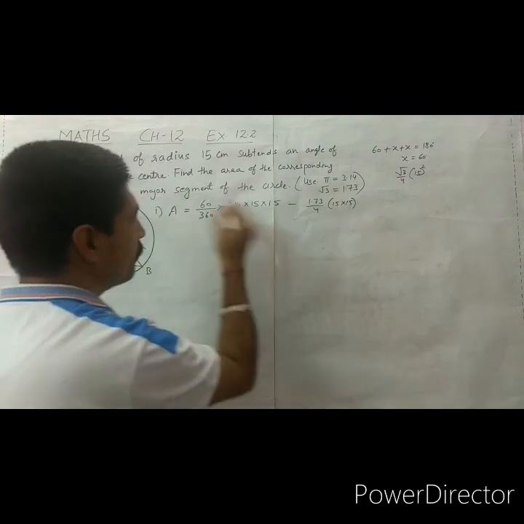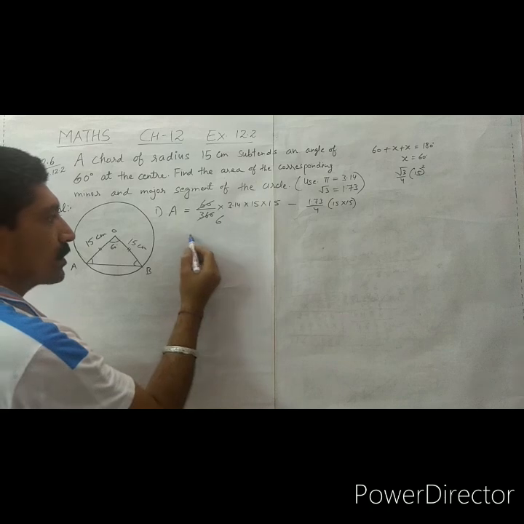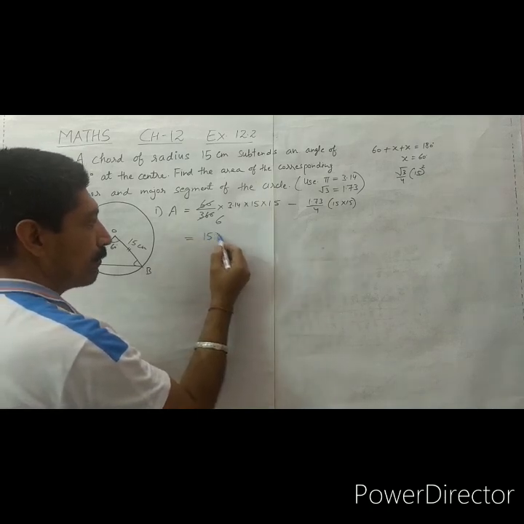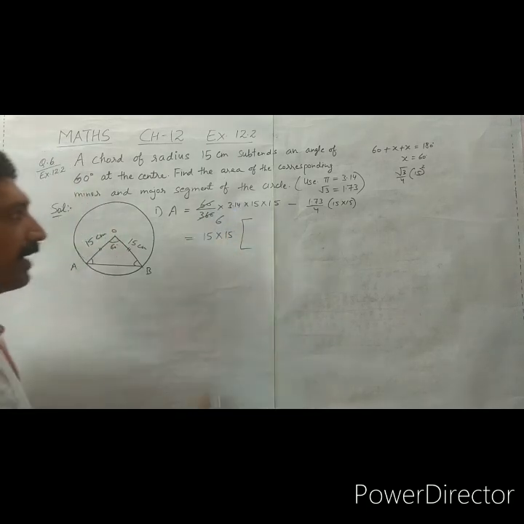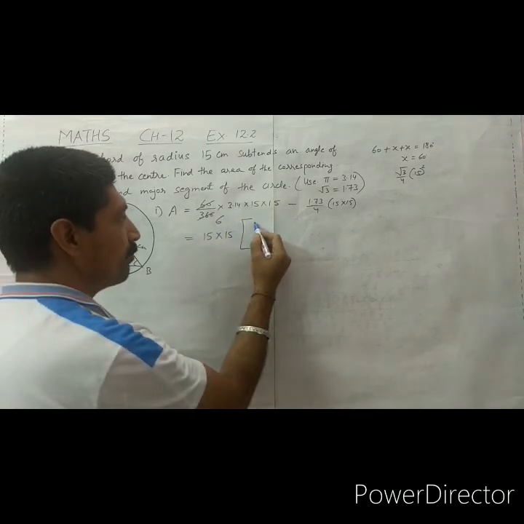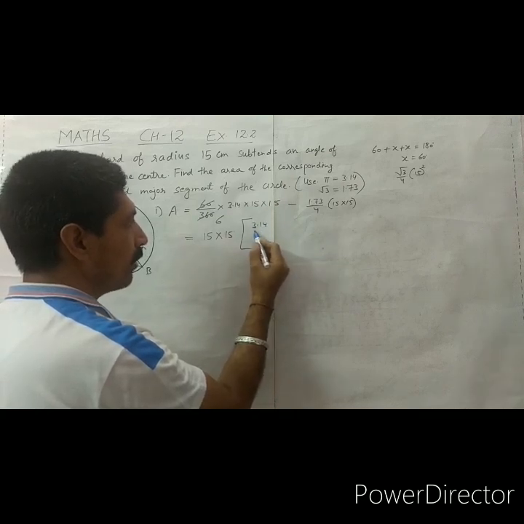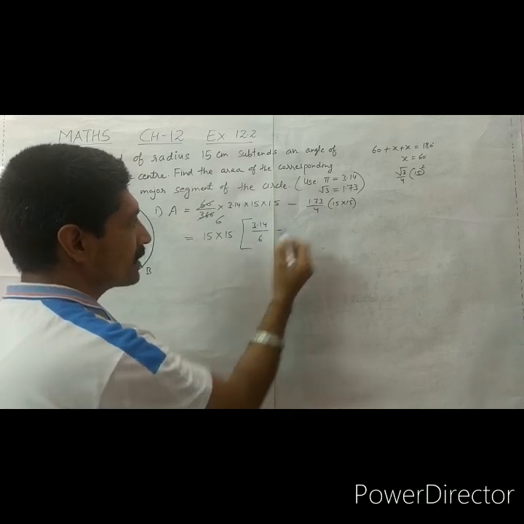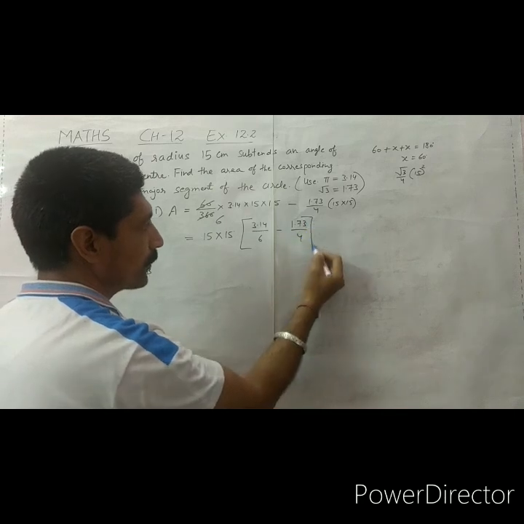So take 15 into 15 common. Here this is 6. So we have 3.14 upon 6 minus 1.73 upon 4.